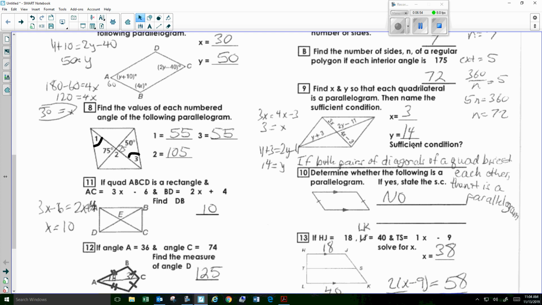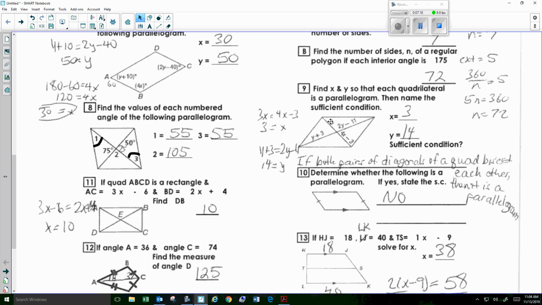Remember that, because you'll use that also on the DCAS, the computerized test next Monday for the post-mod 1 test. There'll be a problem asking about the sufficient condition to show that's a parallelogram. It's not this one where diagonals bisect each other, it's one of the other 4, just so you know.